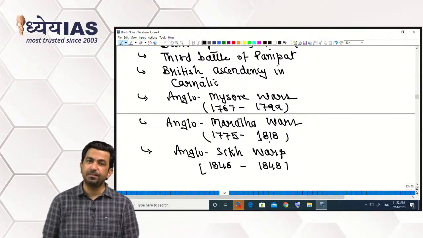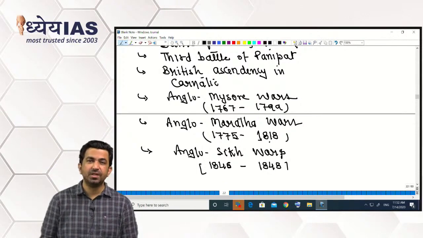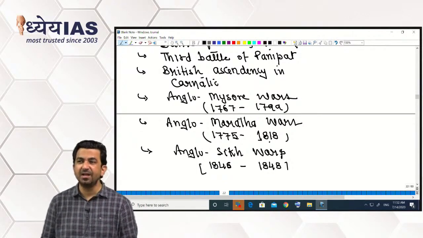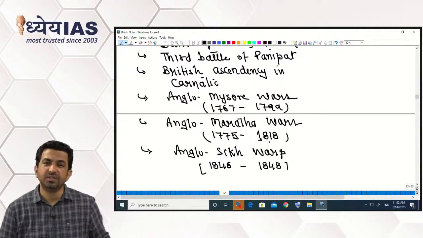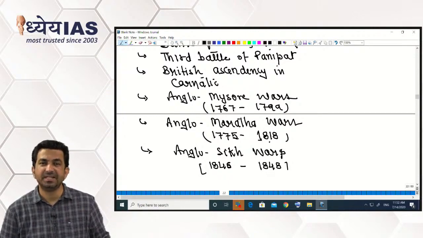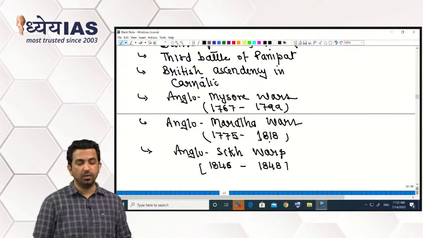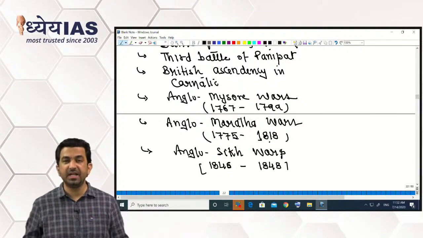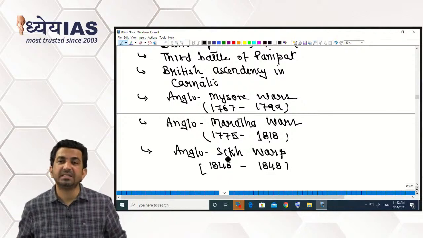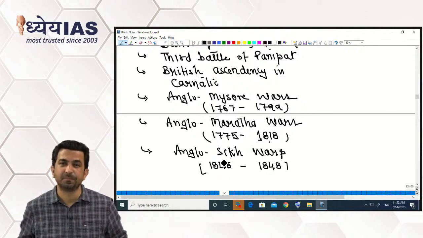So within just a short span of 100 years, the British East India Company came to capture around 63% territory of India. 63% territory of India came to be called the British India.